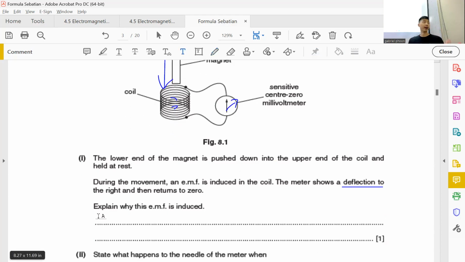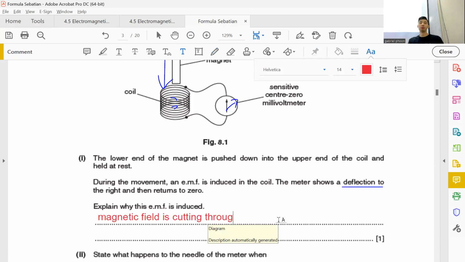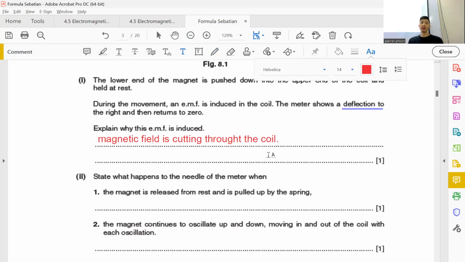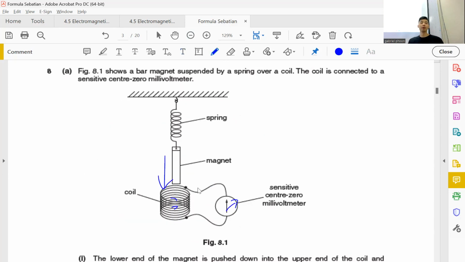The concept is electromagnetic induction, which is due to the fact that magnetic field is cutting through the coil. Bam, and you get 1 mark, electromagnetic induction. And then they said that the magnet is released from rest and pulled upwards. Right now, if I pull it upwards, what's going to happen to the magnetic field in the coil?